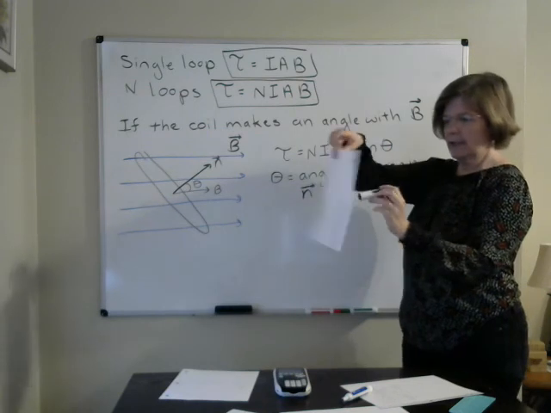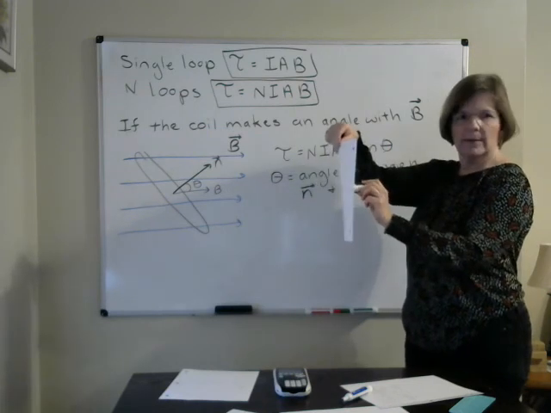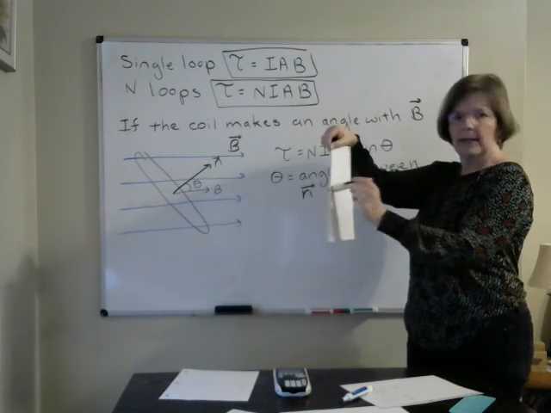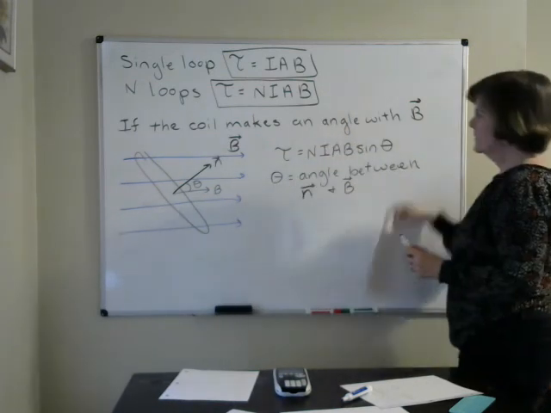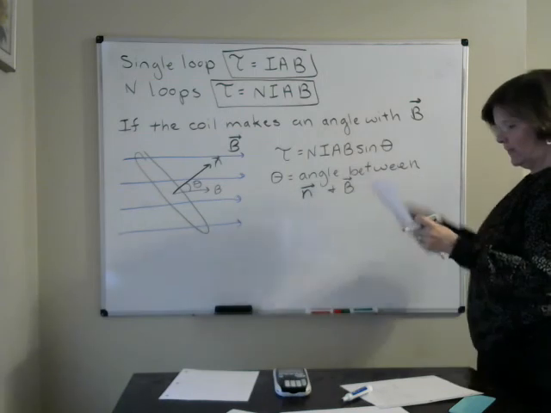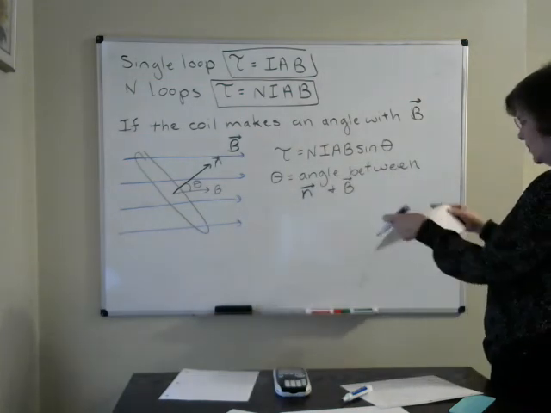So here you can see, if I play this way, the marker points directly at me. If I point the paper this way, that marker's like a handle. Okay. So that's our formula that gives us the torque on a loop.